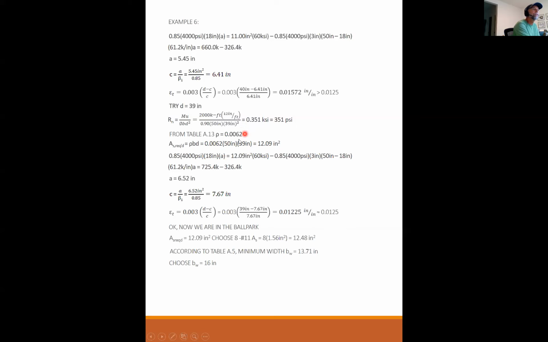Oh, it didn't matter. Okay, so we're going to use 16 inches, which is, let's see, 39 inches. It's kind of in there. It's not exactly half of 39, but you can see there's a lot of engineering judgment that goes into these. But I'm going to choose 16 inches because I can easily fit 4 number 11s in that width.